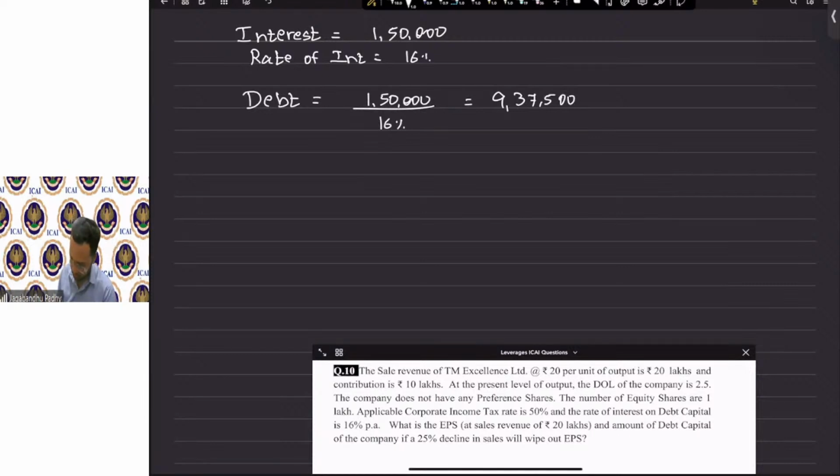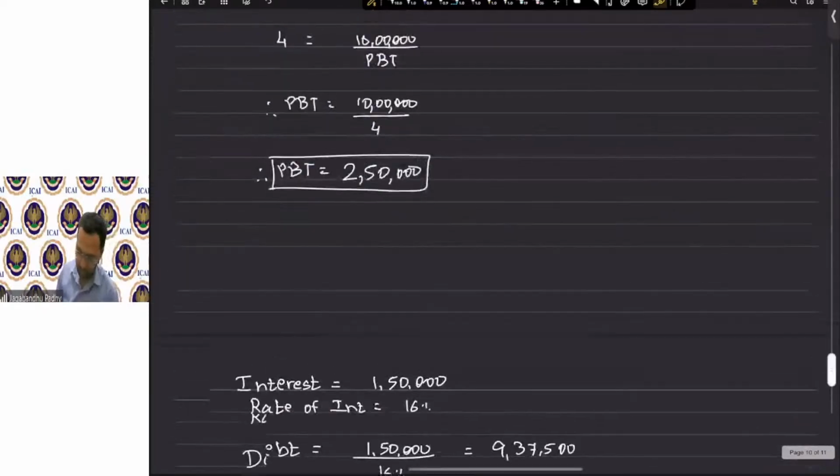Debt is 9,37,000. So amount of debt capital is done, and EPS. What is the EPS at sales revenue and the amount of debt capital? So that's done. We are done with the entire question.